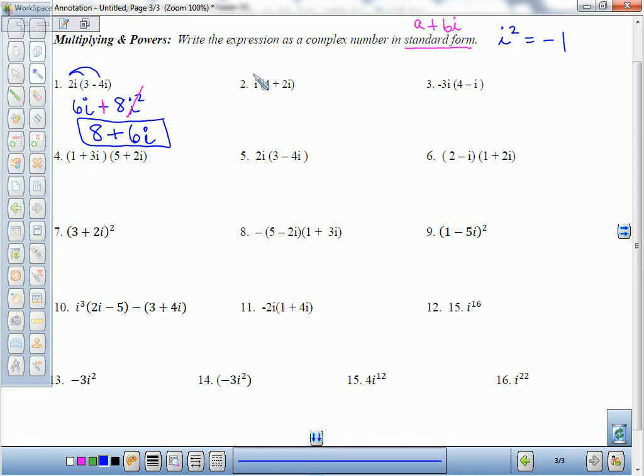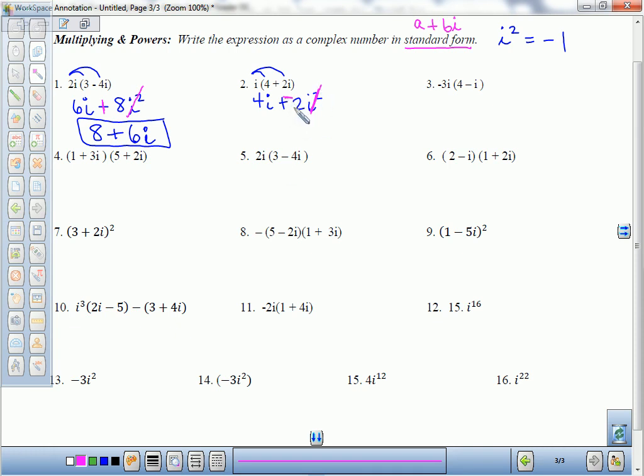Okay. All right, so let's do this next one. We just have an imaginary that we're going to multiply through this complex. So i times 4 is 4i, and i times 2i is 2i squared. Okay, so the i squared is really like multiplying by negative 1. So it's going to change this positive 2 to a negative 2.